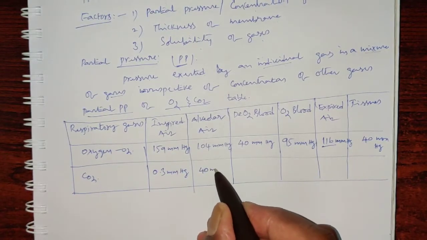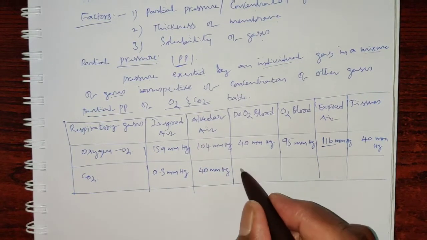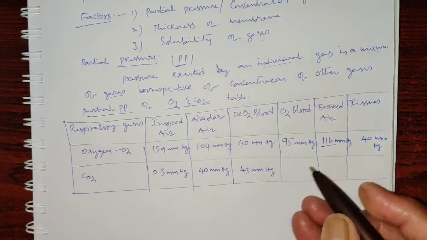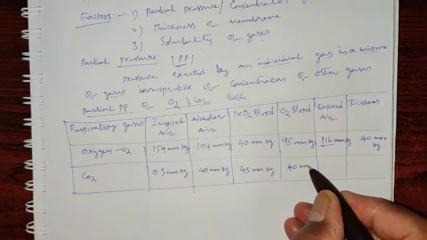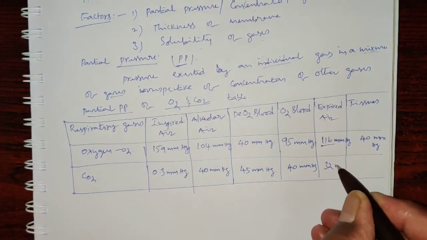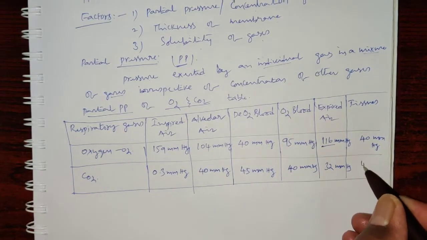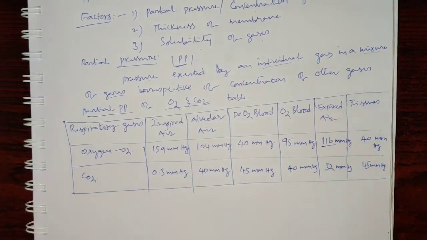Alveolar air is 40 millimeter of mercury. Deoxygenated blood is 45 mm of mercury. Oxygenated blood is 40 mm of mercury. Expired air is 30 mm of mercury, and tissues is 45 mm of mercury.